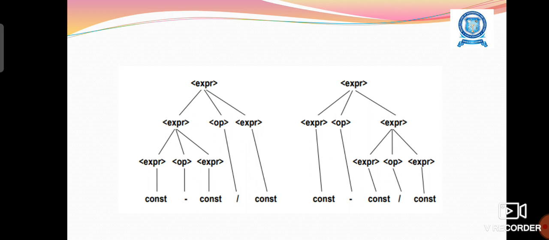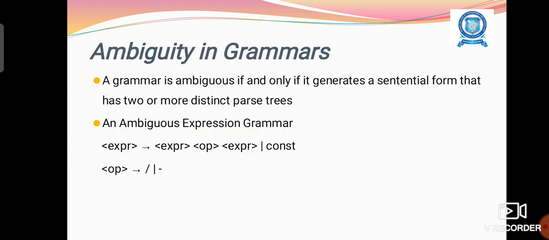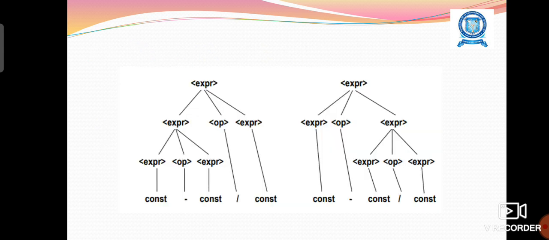For the same derivation, this is one simple grammar, and we are deriving constant minus constant divided by constant. But with the same grammar, for the same derivation, it is possible to draw two different parse tree structures. So we can say this is an ambiguous grammar. There is ambiguity in the grammar.